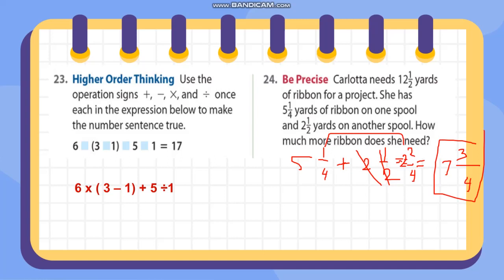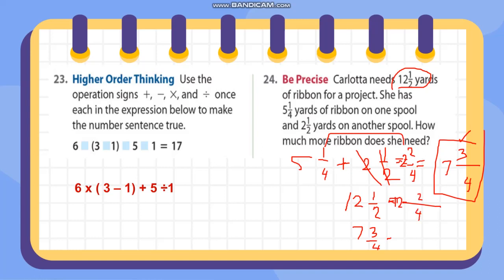If Carlota needs 12 and 1/2 yards, and she has 7 and 3/4 only, how much more ribbon does she need? We simply subtract 12 and 1/2 minus 7 and 3/4. We need to make the denominator 4 again. The equivalent fraction of 12 and 1/2 is 12 and 2/4.